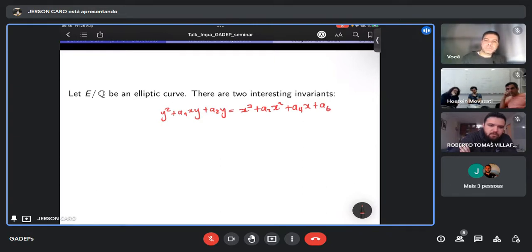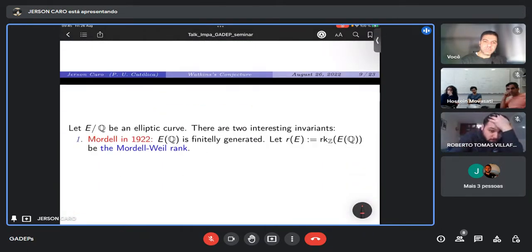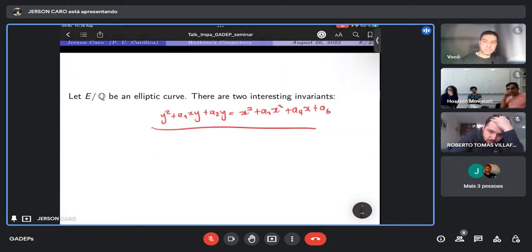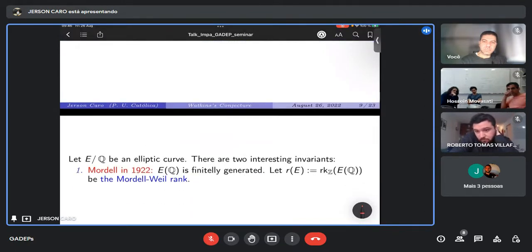You can think of an elliptic curve as a zero locus of this function. When I say defined over Q, I mean that the a_i are in Q. Even better, we can put a_i in Z, the integer numbers.